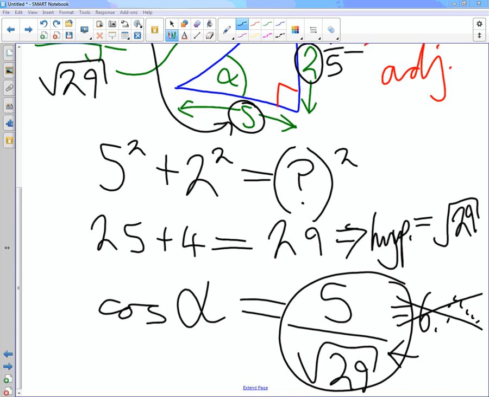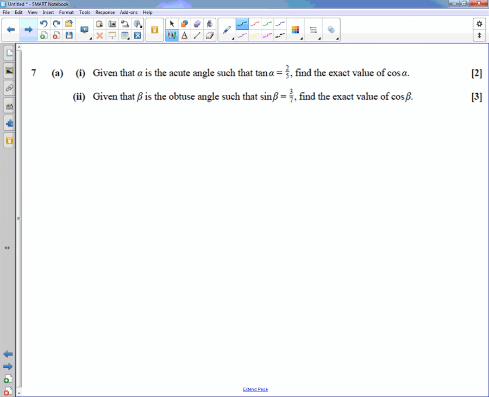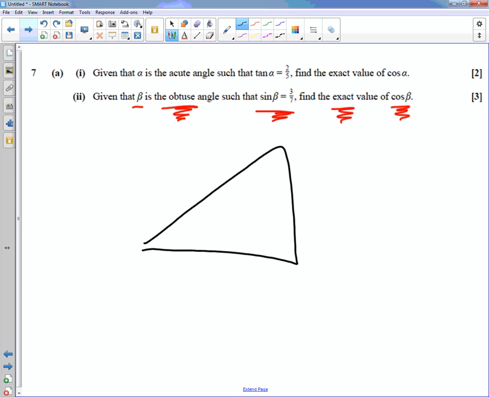Now, let's look at the second part. Given that beta is the obtuse angle, such that sine beta equals 3/7, find the exact value of cos beta. So, sine beta equals 3/7. Let's draw another triangle freehand. We've got ourselves a right angle there, and beta is here.